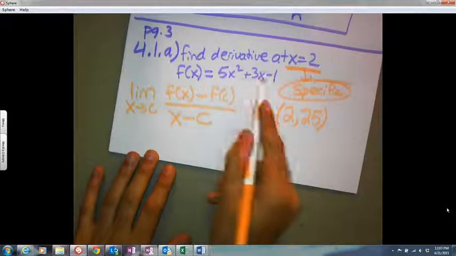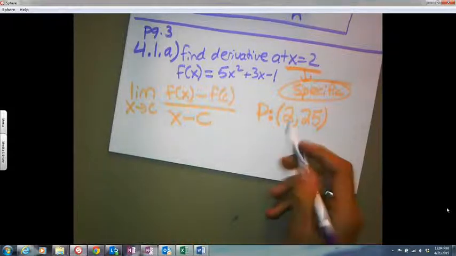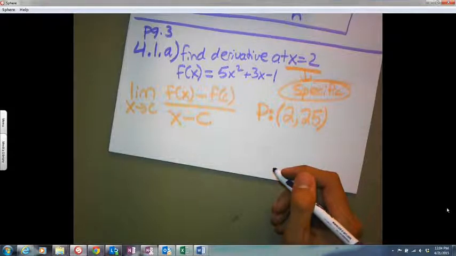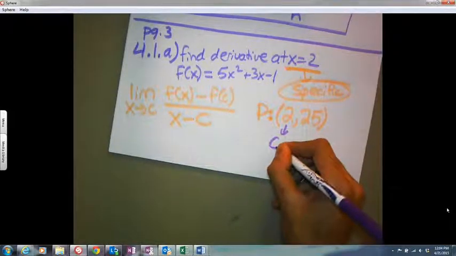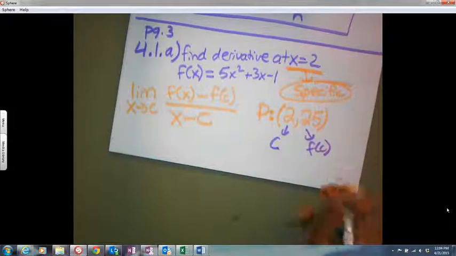Alright. So, Shunli, which of these are c and which is f of c? Yep. Why is she right? Yeah, right. I mean, remember, it's y2 minus y1 over x2 minus x1, so slope. Good.